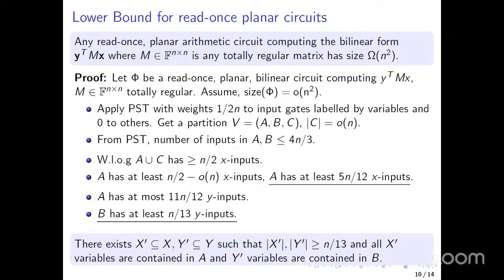There are sets x prime and y prime, reasonably large, such that all x prime variables are in A and all y prime variables are in B. That's what you get after applying the separator theorem and doing some calculation.